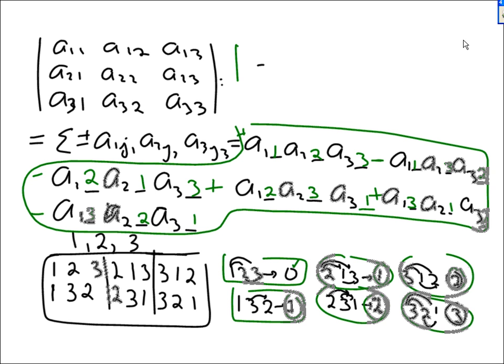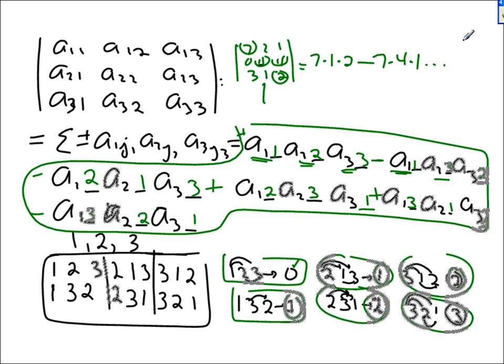So for example, if you're given numbers 7, 2, 1, 0, 1, 4, 3, 1, 2, and you have to use the definition. Well, first you write down A11, which is 7, and then A22, which is 1, and then A33, which is 2, minus, and then you write down A11, which is still 7, A23, which is the 4, A32, third row, second column, is 1, etc. But nonetheless, you have to have this definition.